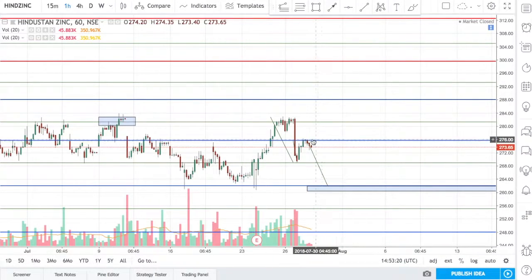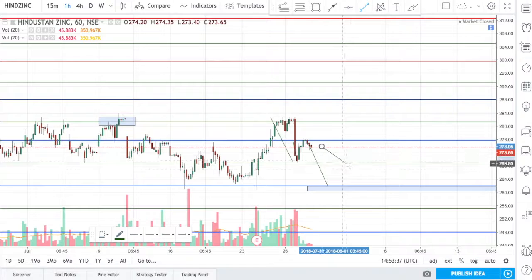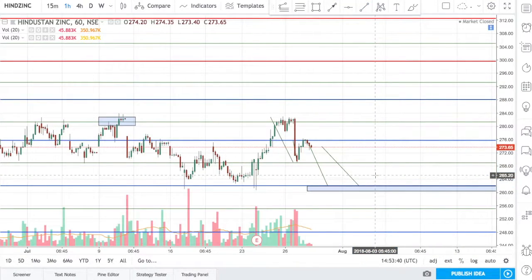Now we are expecting a strong bearish candle from this level, and once we get a strong bearish candle, enter into the trade on the very next candle, and we are expecting the prices to push into this support level, and we have 3 or 4 factors supporting that assumption to go short on Hindustan Zinc. So that's our analysis on Hindustan Zinc. Let's see how this trade plays out in the next few trading sessions.